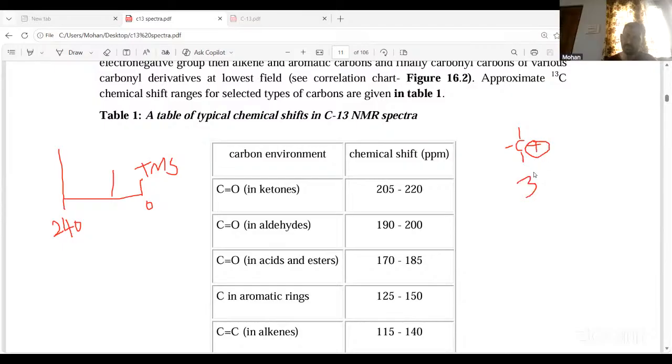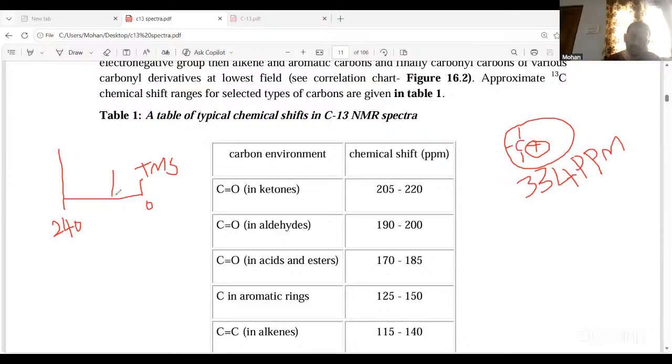It is an exceptional case, beyond that scale. The rest of the groups fall in this range only.